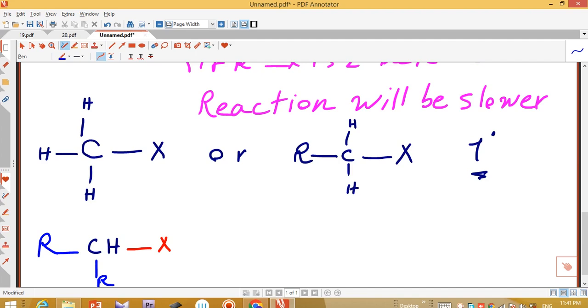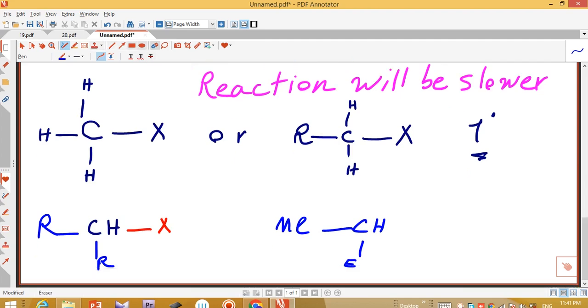Okay, also we will have carbon type 2. In carbon type 2, two carbons are connected to our, for example, CHX. As you can see, we have two carbons that are directly connected to our carbon. So here is type 2.